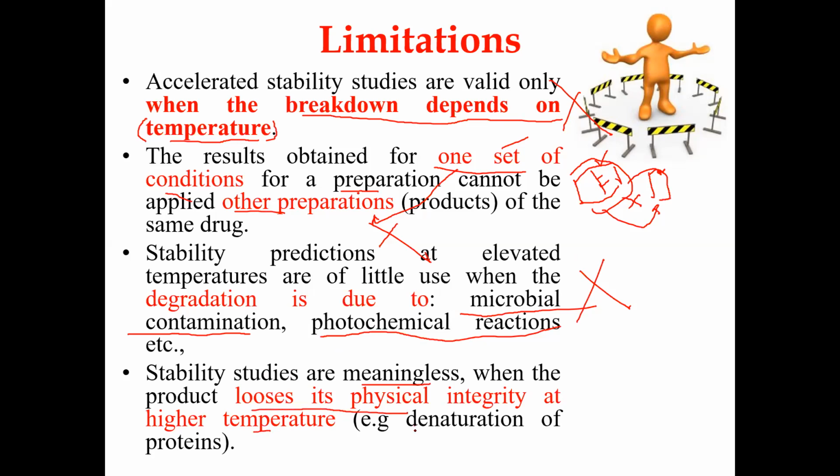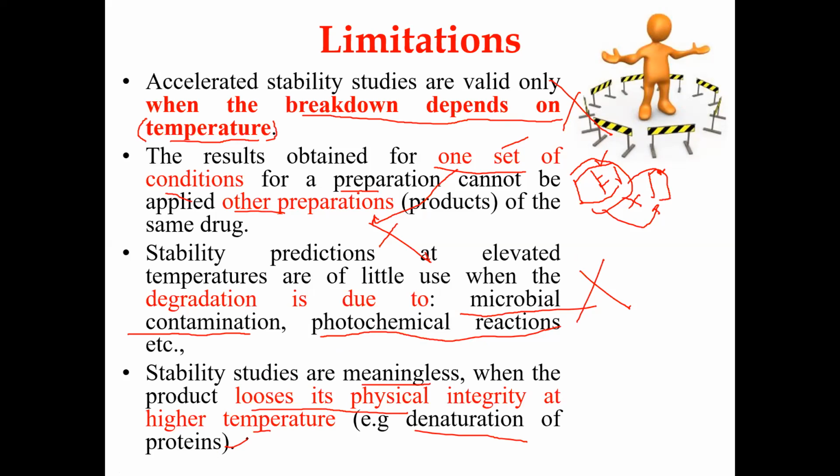For example, denaturation of proteins. Let us say proteins: you cannot go for accelerated stability conditions. Whether you are aware or not, proteins, peptides, and amino acids are highly thermally sensitive. If you want, you can take a small protein and put it in the sunlight, and you can see the degradation immediately. For all proteins, the maximum temperature is 60 to 70 degrees centigrade. That's it. You cannot boil them like water at 100 degrees centigrade and expect the protein to retain its structure.